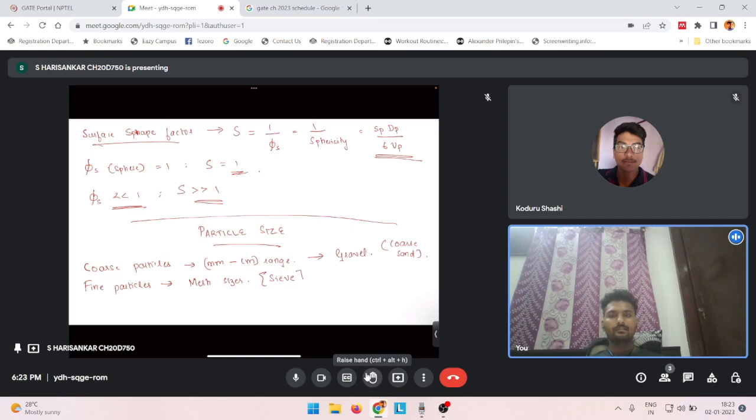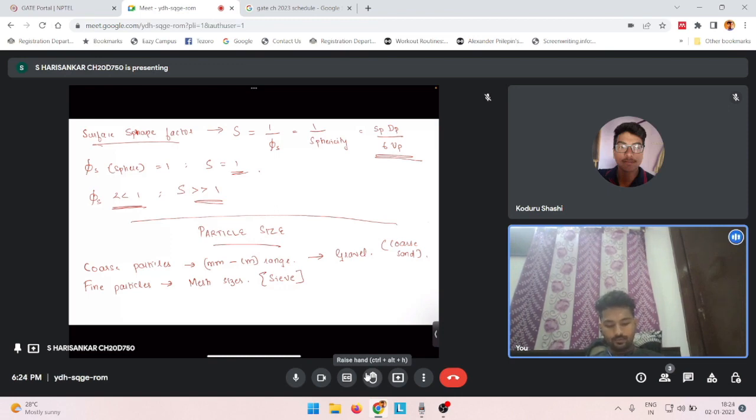On a sieve holder, you have a lot of mesh sizes through which you can sieve out different sizes of particles. So basically, these fine particles are defined in terms of their mesh sizes. We'll come back to this mesh. Usually the mesh that people use is the Taylor series mesh. We'll visit that at a later point in time. But anyways, that is about fine particles.